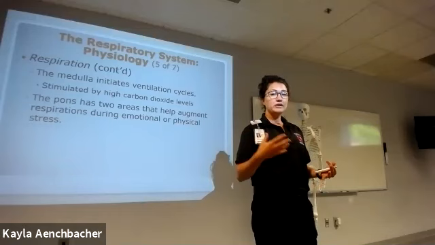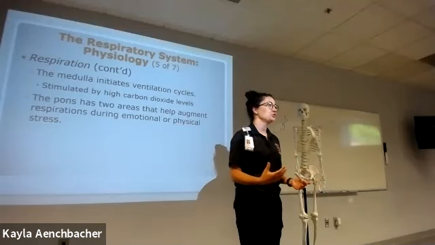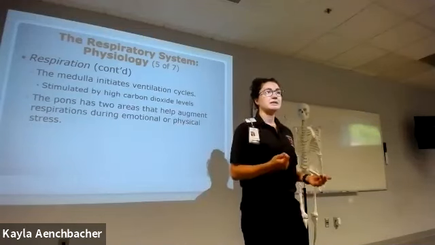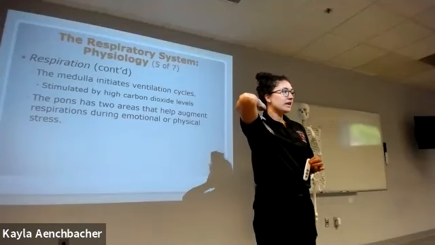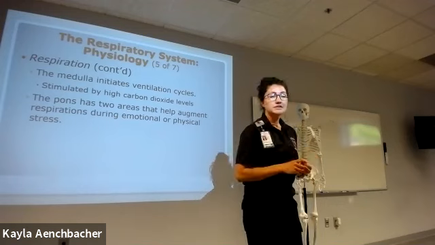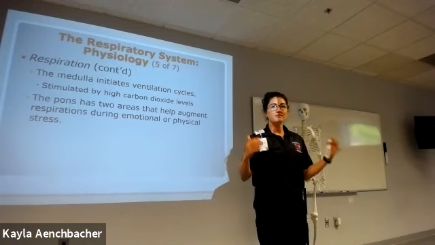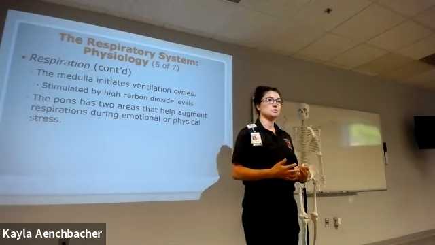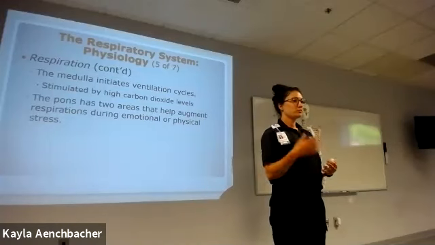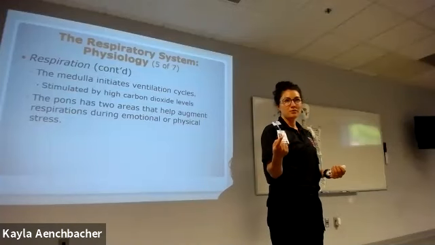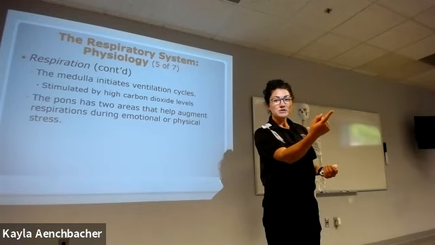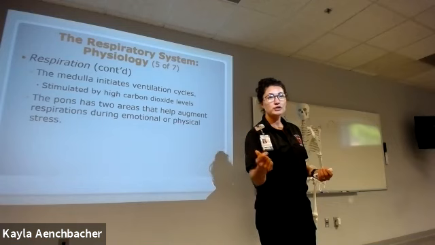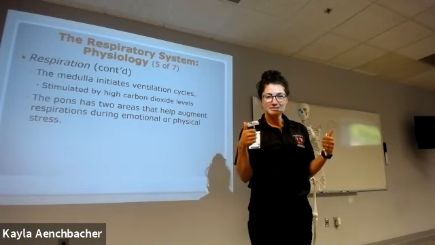If we notice that there's too much CO2, that first line defense system is going to kick in. What do you think my brainstem is going to tell my body to do to try to get rid of that excess CO2? Breathe out. How? It's going to automatically increase my respiratory rate.